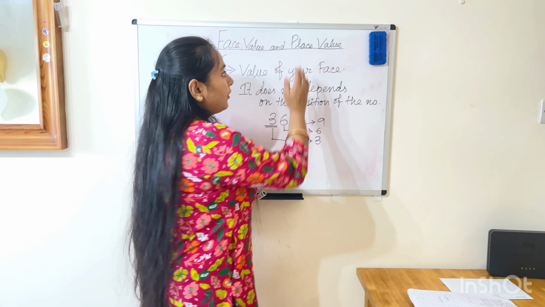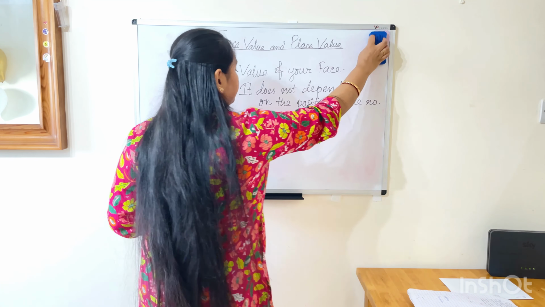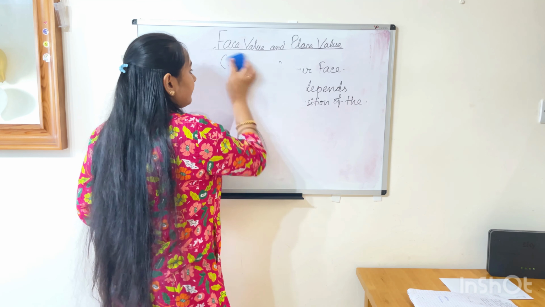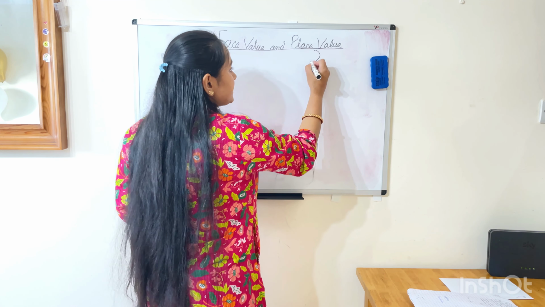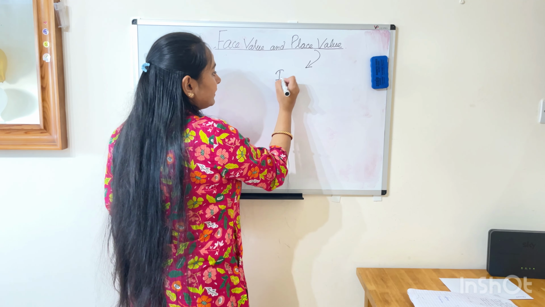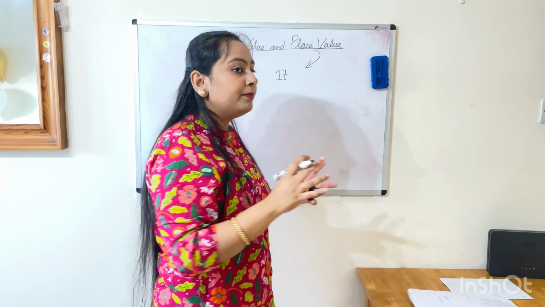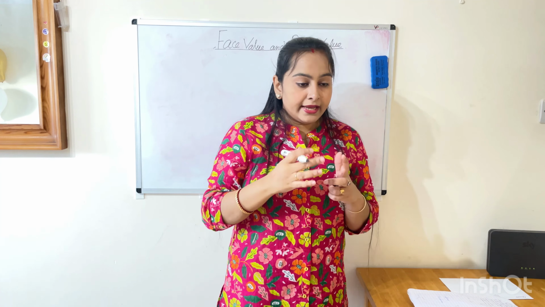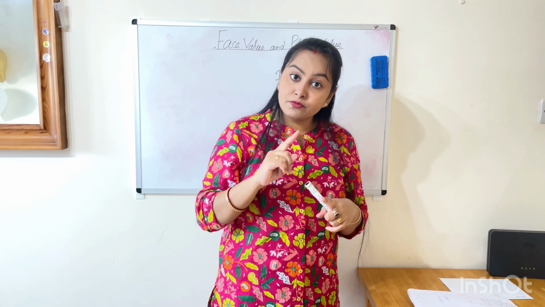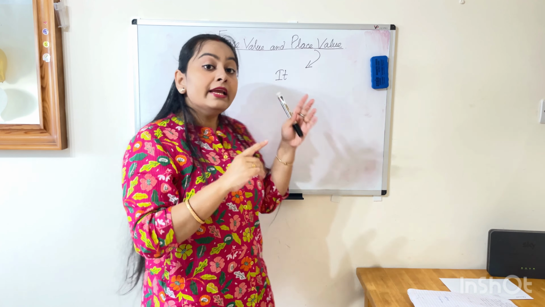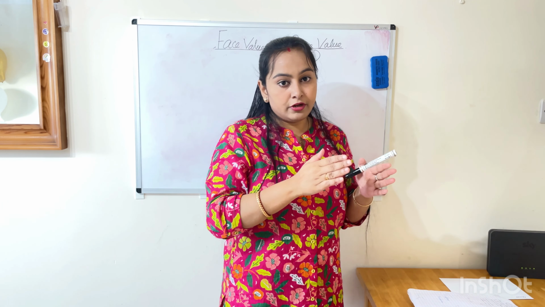Now we'll talk about the place value. Place value basically varies. It depends on the position of the number. The previous one, that is the face value, does not depend on the position of the number.